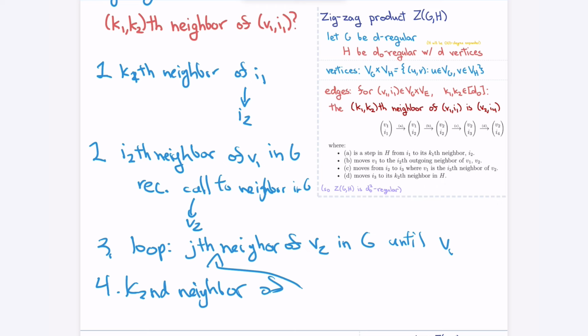That's ultimately how you get log n space, because each time you're only doing constant overhead plus recursive space, and the recursive depth is log n. So step three, you need to find the index j so that v1 is the jth neighbor of v2, and G still has constant degree, like d0 squared.